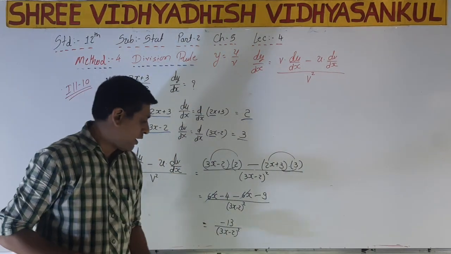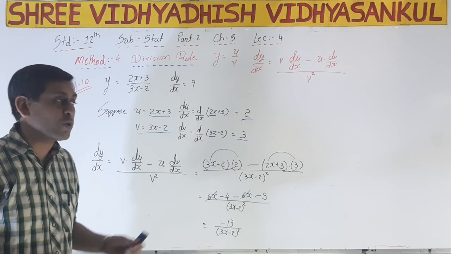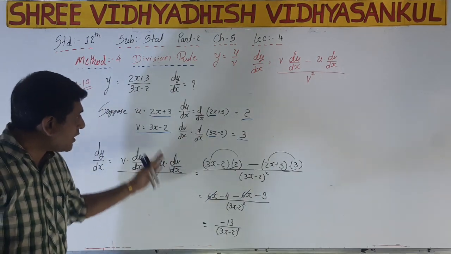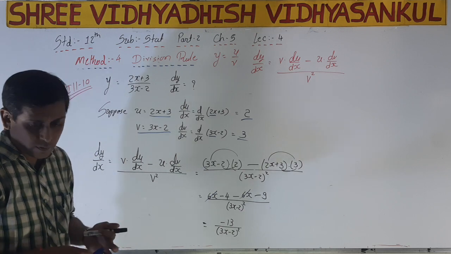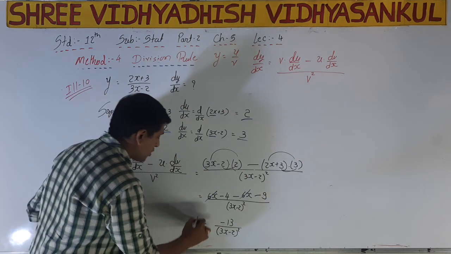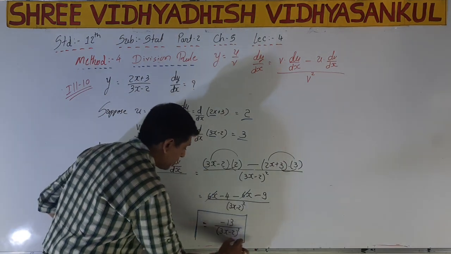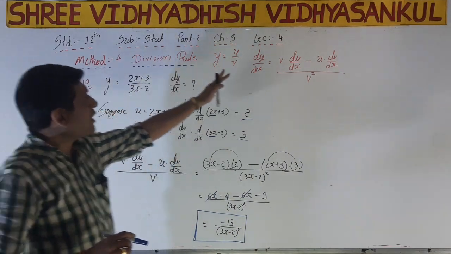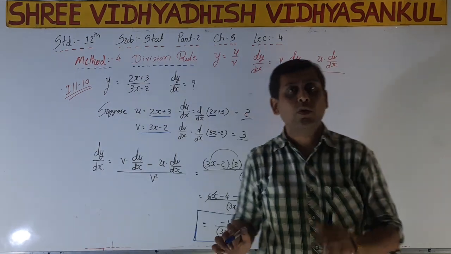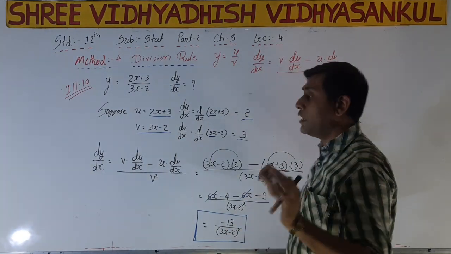Minus 13 divided by (3x minus 2) all square. See, this is the full and final answer of your illustration number 10. See, again in the division rule, we just have to first of all find out the du by dx.